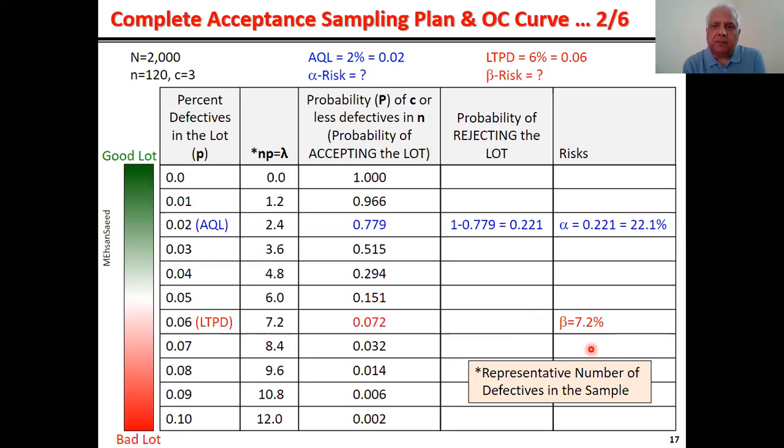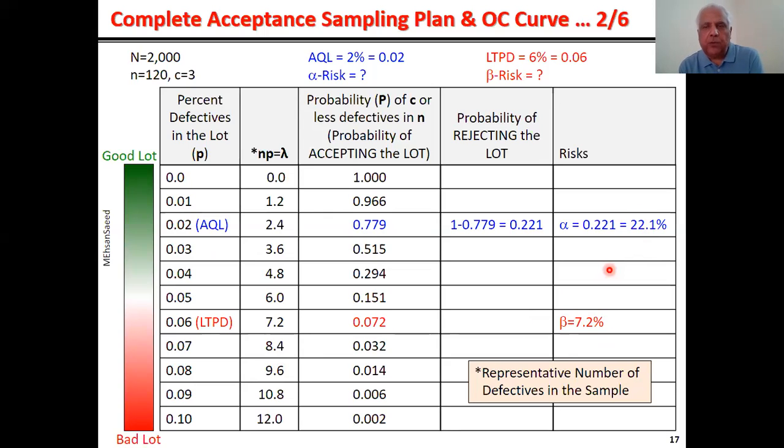And the buyer or the project manager will be facing this risk, which is 7.2%. What risk? That he will accept a bad lot. Are these two acceptable? Well, both the buyer and the seller have to refer now to their OPAs to find out what their company policies say about the risk thresholds. If they are within those thresholds, they'll accept this plan. If not, they will not.